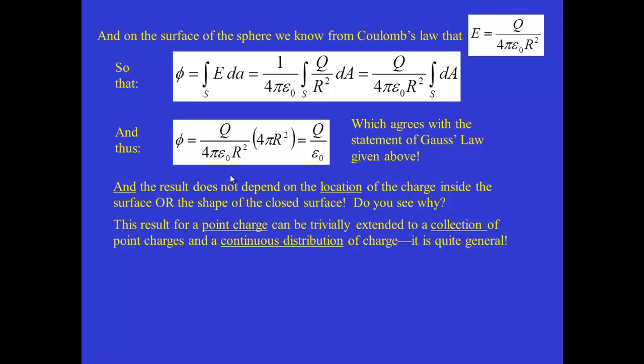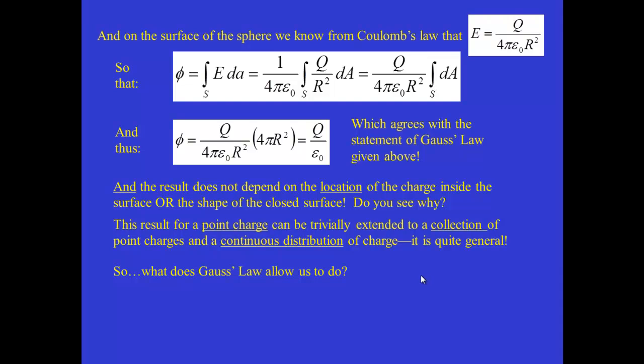Because remember, we calculate the electric field of a continuous distribution of charge by breaking it down into tiny infinitesimal elements. Each of those elements behaves just like a point charge. So what we proved for a single point charge, we can make formal for the more general case of any charge distribution. That's very nice. It's a nice result.